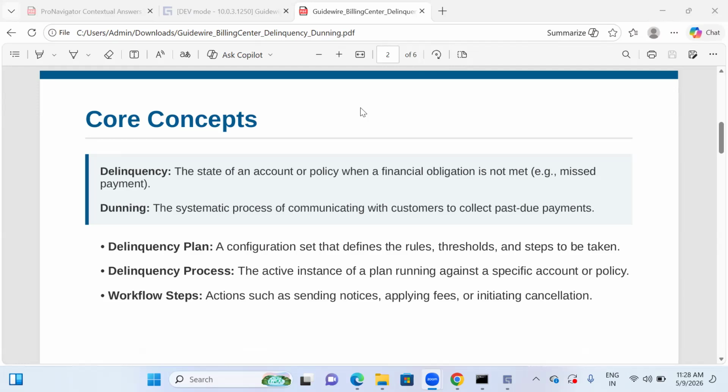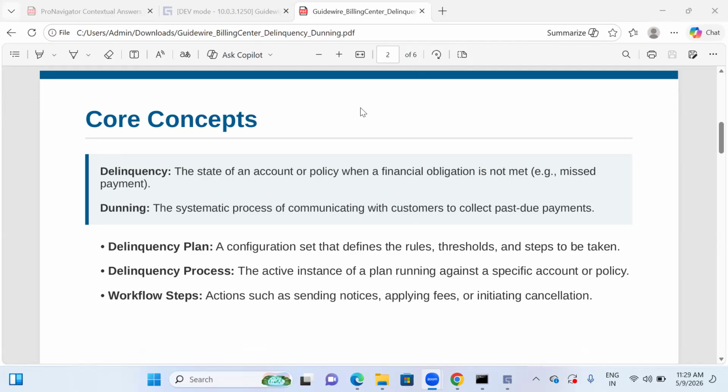Whenever we try to understand delinquency plans, we need to configure a set of defined rules and regulations, followed by the thresholds, and what the different steps are that are to be taken. Along with the delinquency process, instances of plans against specific accounts or policies will be initiated.